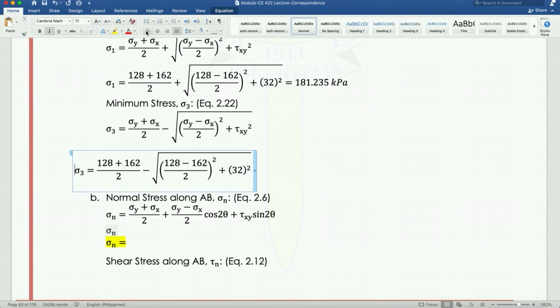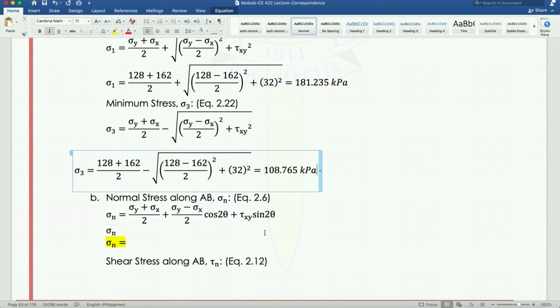Therefore, sigma 3 is equivalent to, just change the plus sign to a negative sign in the calculator, and we have our answer. That is equivalent to 108.765. And that's it. That is in kilopascals.